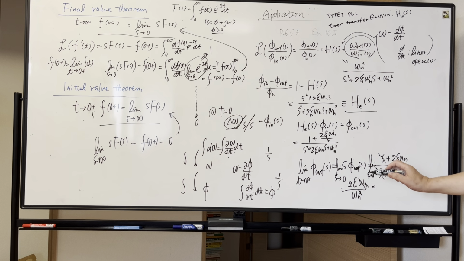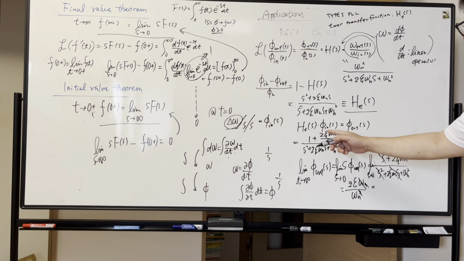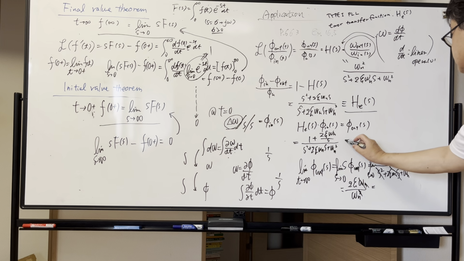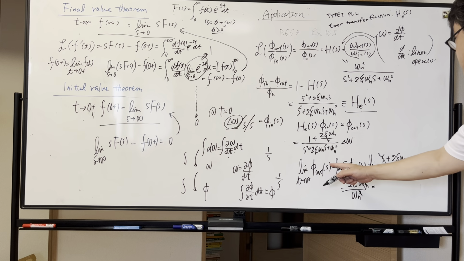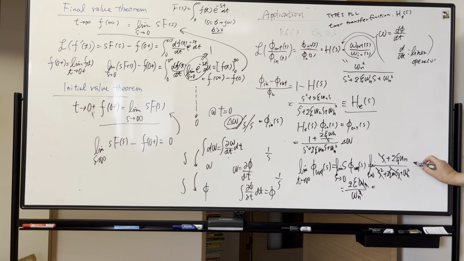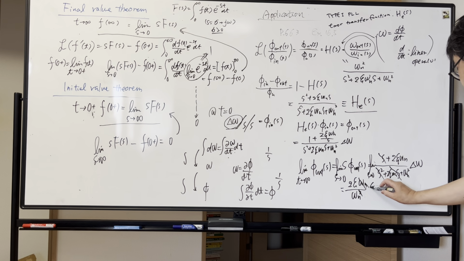Sorry, s times phi in: 1 over s squared times delta omega, s times delta omega, which is delta omega over KPD times KVCO.